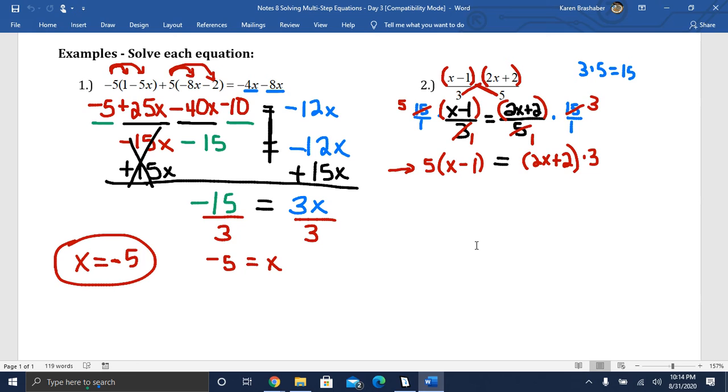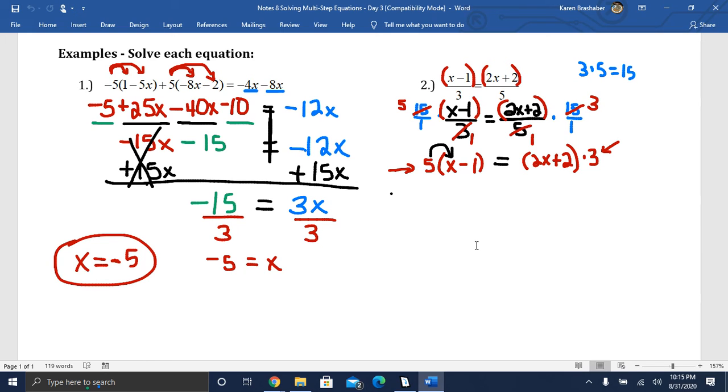And then it says to take the 3 times the 2x plus 2, and that's exactly what I have right here. So you may hear it described as cross multiplying, but you can treat these problems just like we have previous problems with denominators in them. You can simply find that common denominator and multiply both sides by the common denominator. All right, so now that we've gotten that discussion over with, we'll continue on.